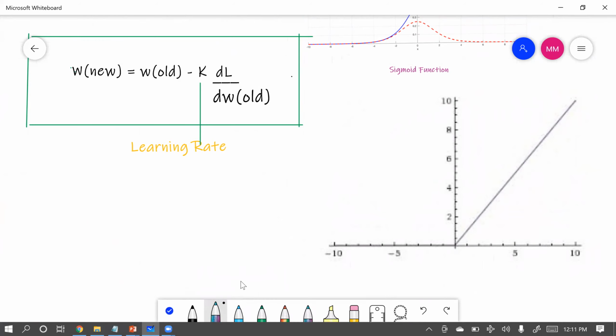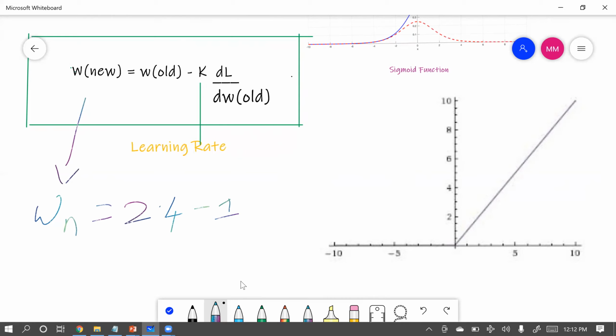W new is equal to, just consider our old weight was around 2.4. And our learning rate, we'll keep our learning rate as 1 as of now. Learning rate should be a small value only.